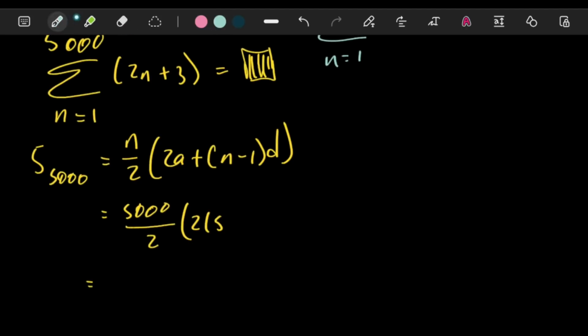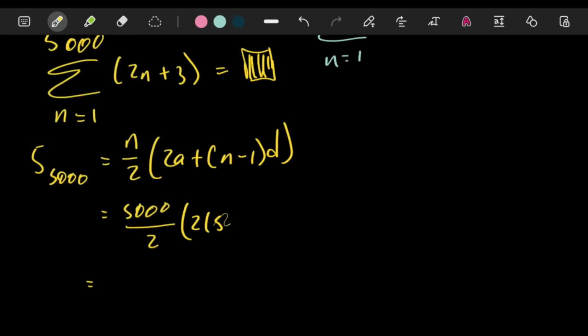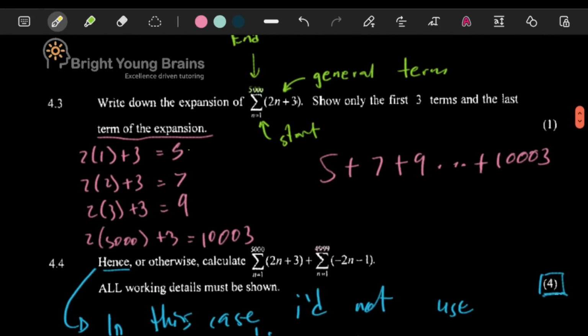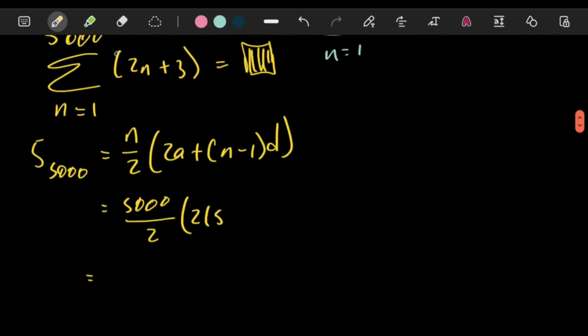How did I replace 5,000 with 5? In the previous question, we found that the difference is 2, that's why I put d as 2 here. Just go back, put 5,000 here, and n is also 5,000. What is d going to be? d is 2.